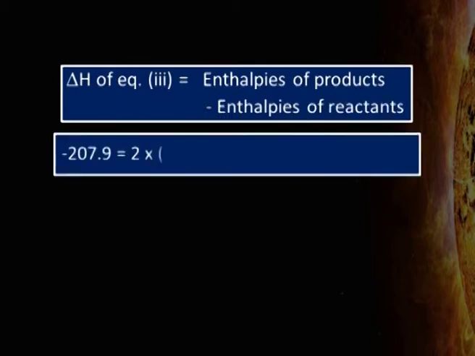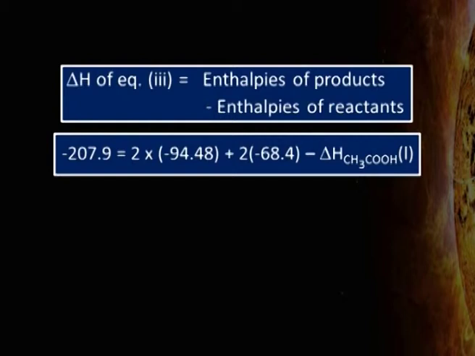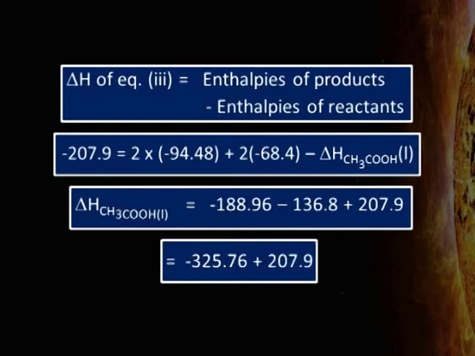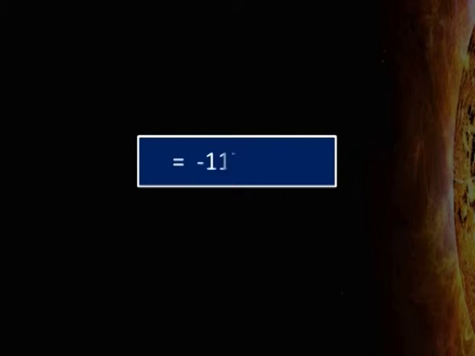Therefore, minus 207.9 will be equal to 2 into minus 94.48 plus 2 into minus 68.4 minus delta H CH3COOH liquid. Therefore, delta H for liquid acetic acid will be equal to minus 188.96 minus 136.8 plus 207.9 equal to minus 325.76 plus 207.9, which will be equal to minus 117.86 kilocalories.